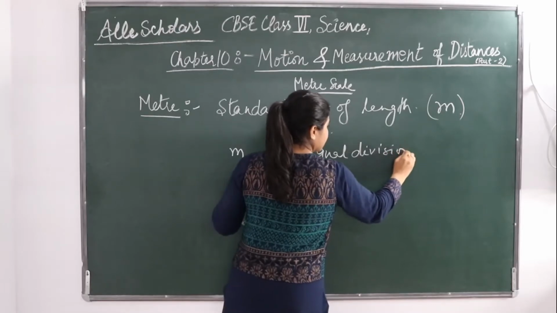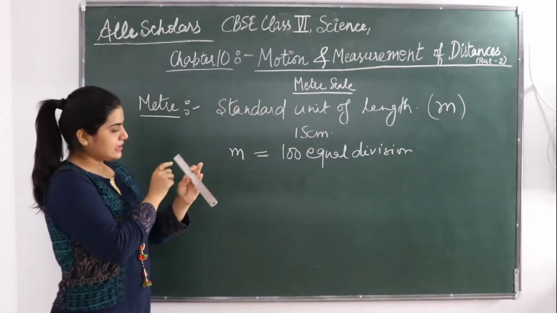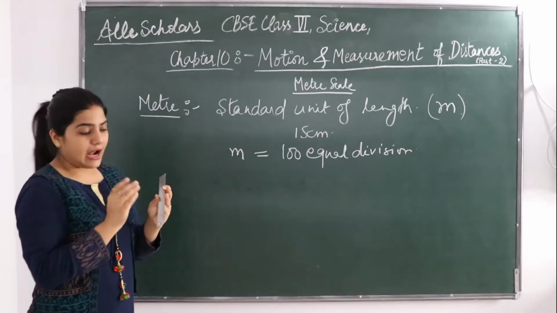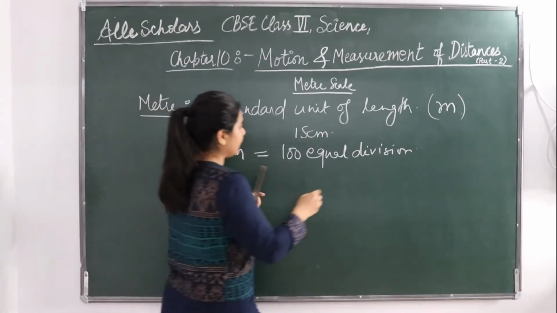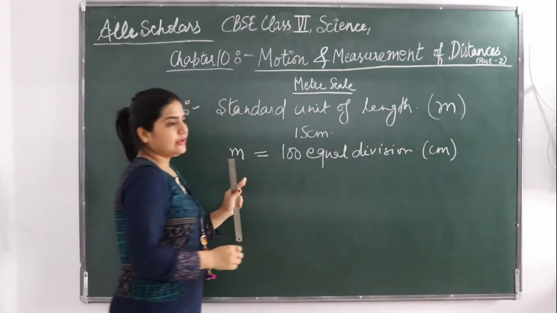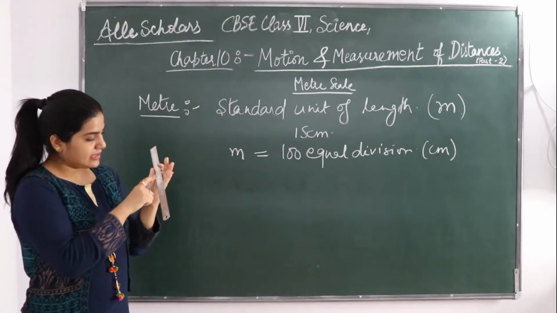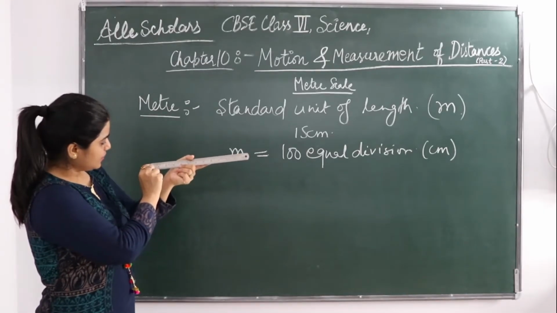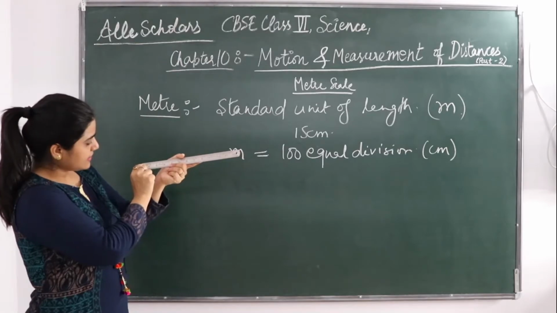Just take out your scale and you can see that each meter, if you count it, has 100 equal divisions, and that is called a centimeter. And if you see, each centimeter has 10 divisions. You can count it here: 1, 2, 3, 4, 5, 6, 7, 8, 9, 10.